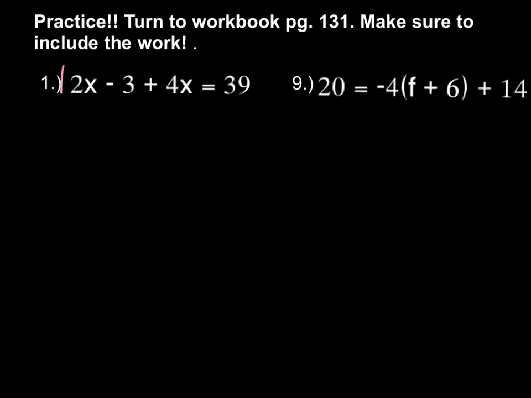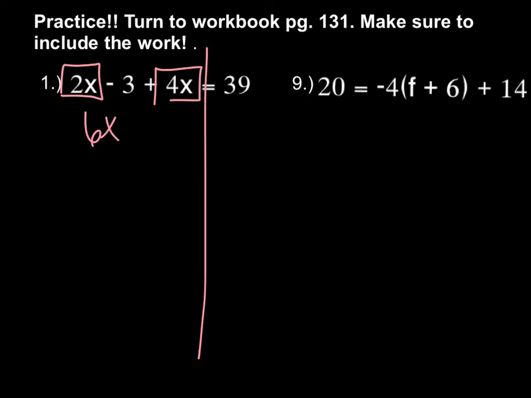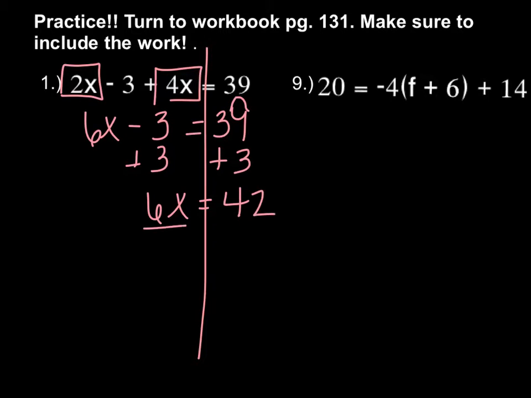Alright, I'm going to combine like terms first. 2 plus 4 is 6x. I'm going to bring down minus 3 equals 39. Now this is a two-step. I'm going to add the 3. 6x equals 42.